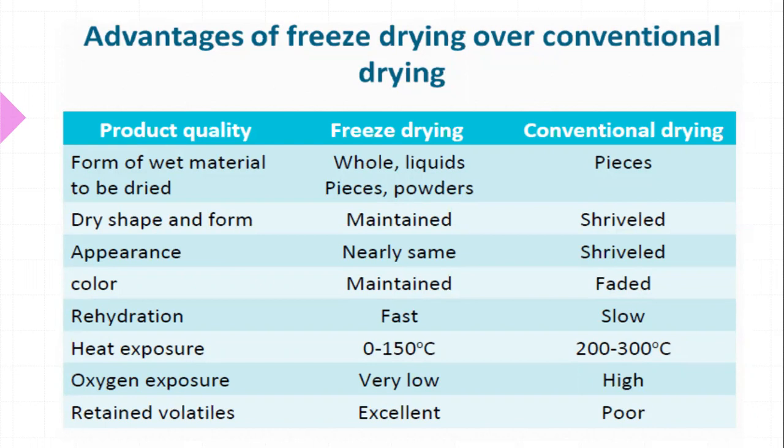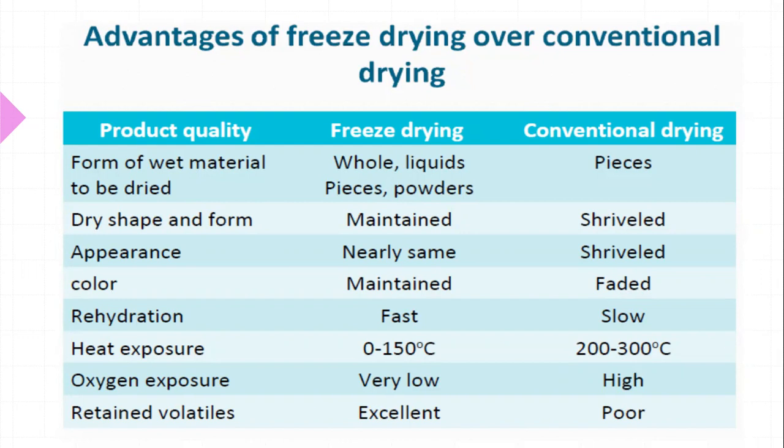What are the advantages of freeze drying over conventional drying? Forms of wet material to be dried: freeze drying handles whole liquid, pieces, powders, while in conventional drying you need to make your material into pieces.